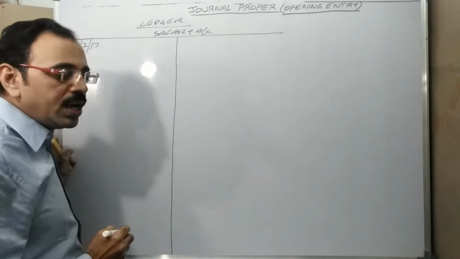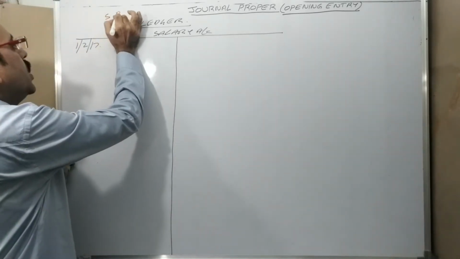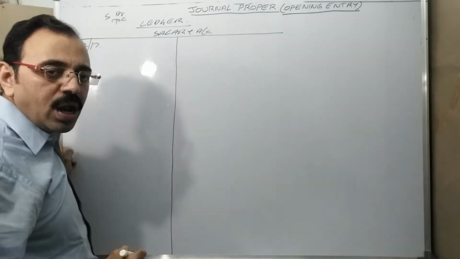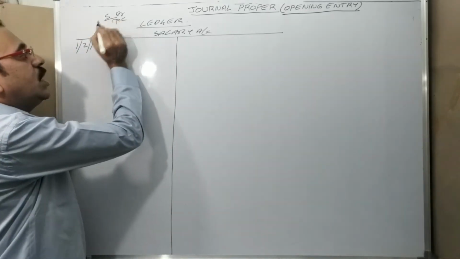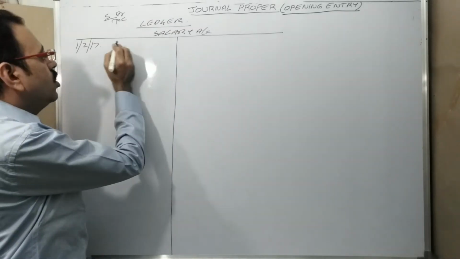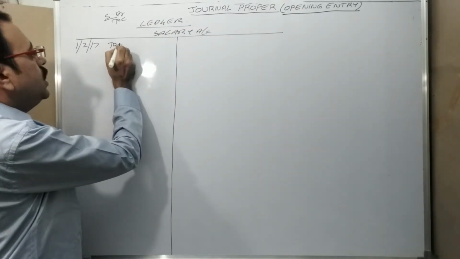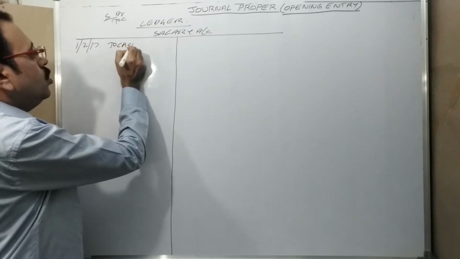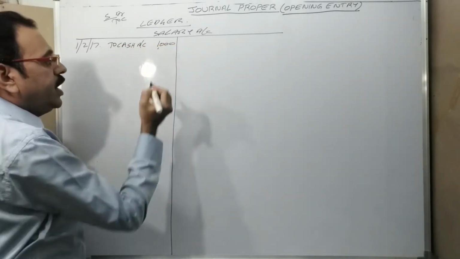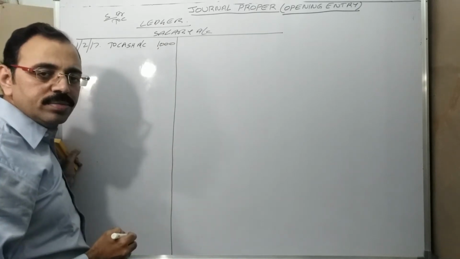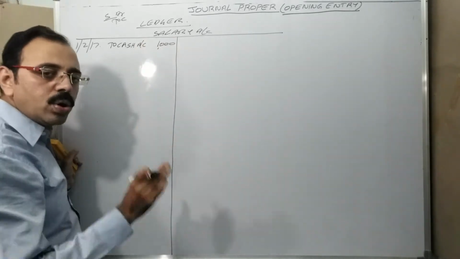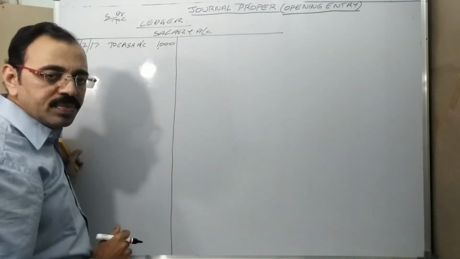What is the entry for that? Salary account debit to cash account or bank account. Since salary is a debit, we should post this entry on the debit side. What to write on the credit side? Account name, to cash account. How much salary did we pay? 1000 rupees. Assume that in February, total salary expenditure is only 1000.